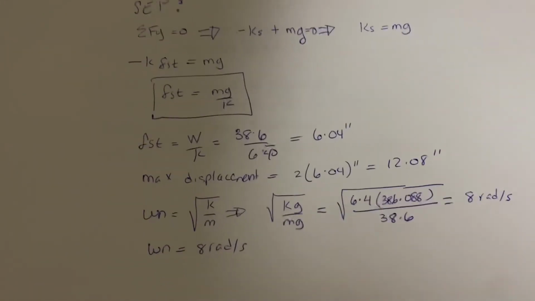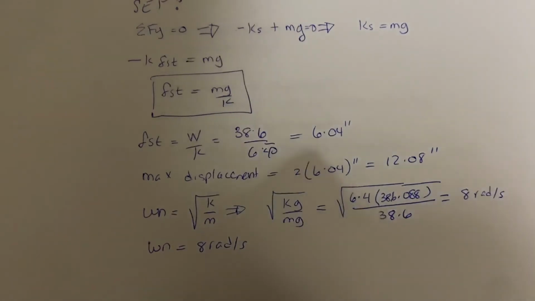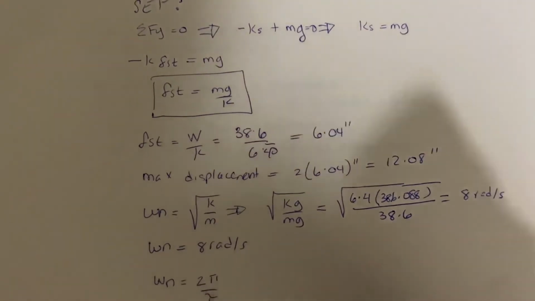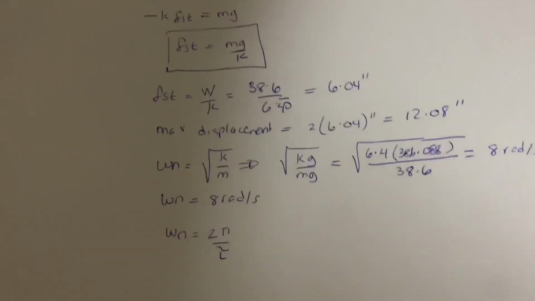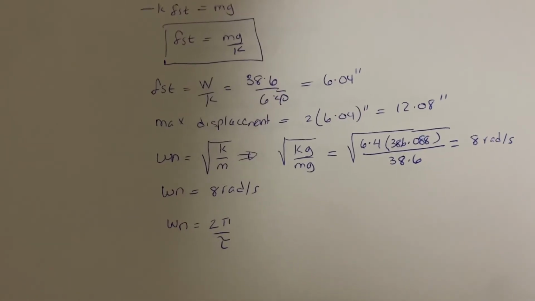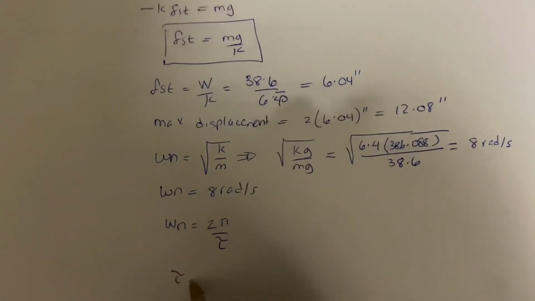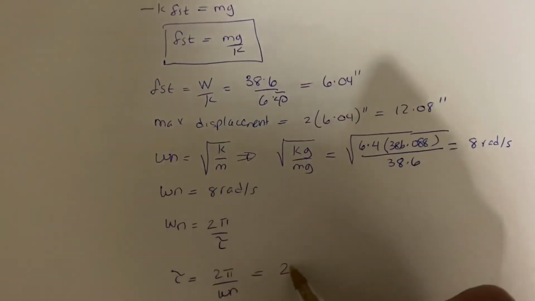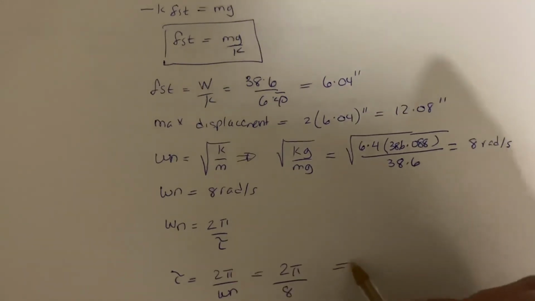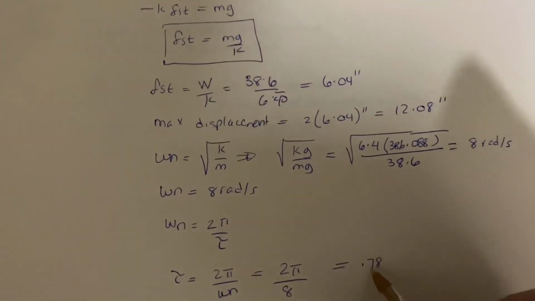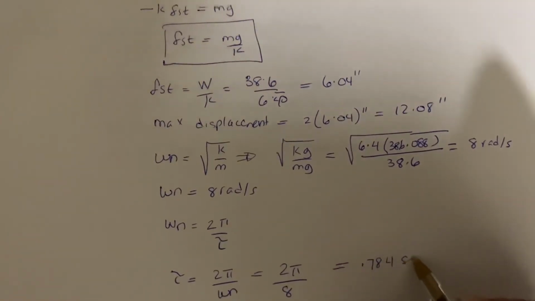We also know that the natural frequency is related to the period by the following equation. Natural frequency is equal to 2 pi over period. Now, let's find the period. The period is given by 2 pi over natural frequency, which is 2 pi over 8, which is 0.784 seconds.